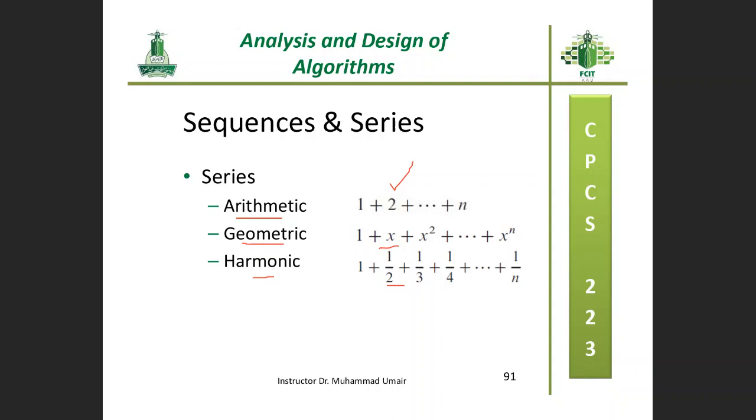Whenever you are analyzing an algorithm, depending on the way the algorithm is written, you might encounter these series and you have to use some formula related to them. For 2 to 3 and most of the examples included even in 3 to 4, we will mostly deal with the arithmetic series formulas.